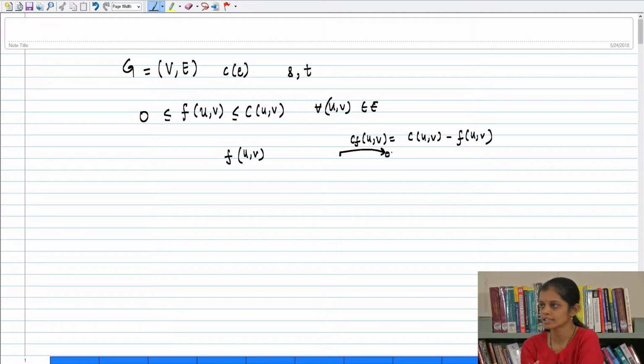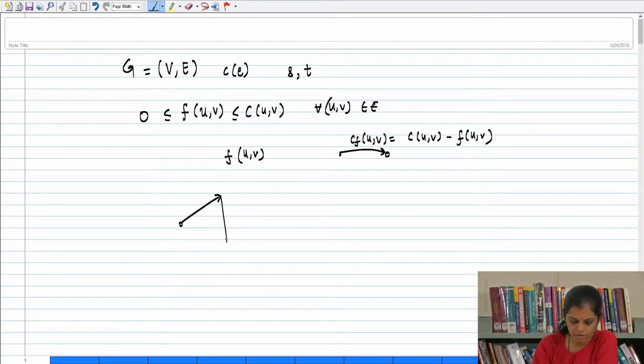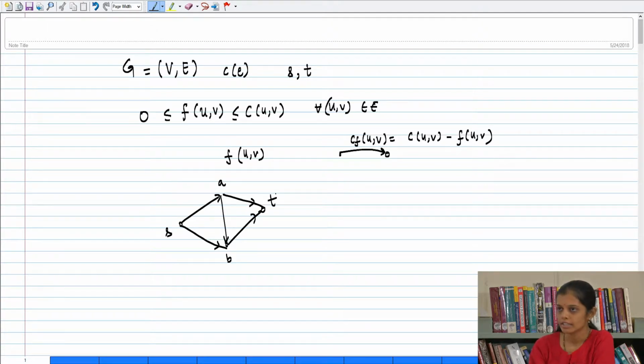Is that all the edges that are present in the residual network? For example, let me just draw this simple example. I have this simple flow network S, A, B, T, and I have unit capacity on every edge, so I will not write that down, and let me say that I have a flow. Typically it is customary to write in flow networks that I have sent 1 unit on this edge, which had a capacity of 1.